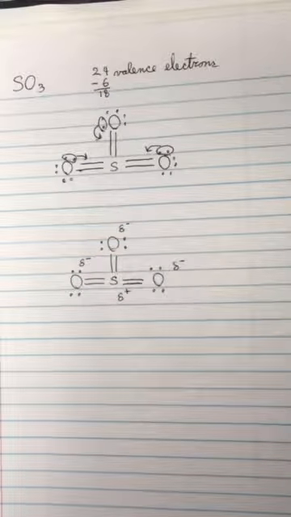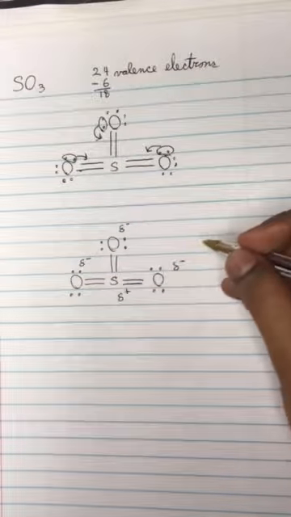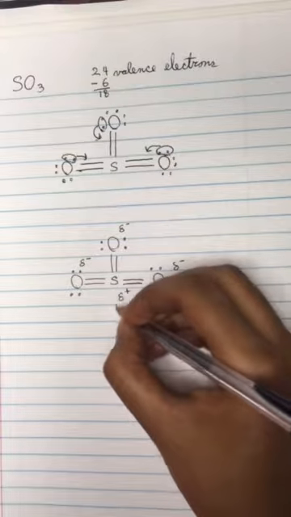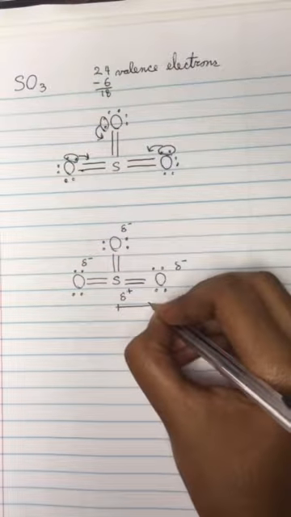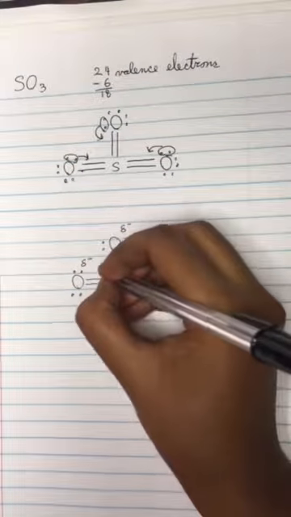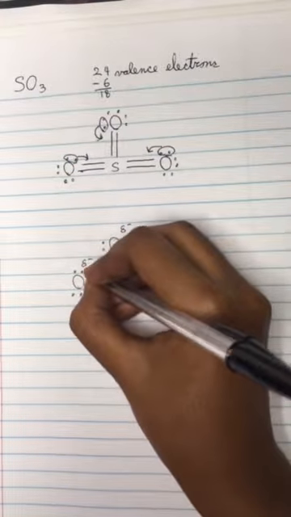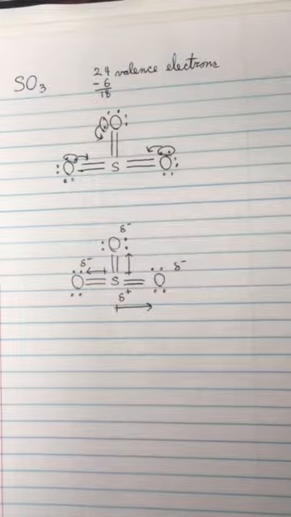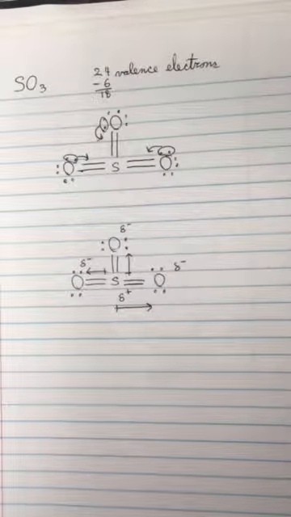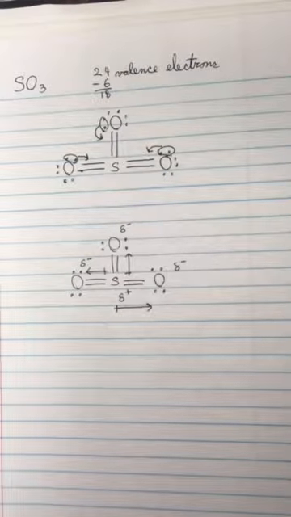This will help us determine the bond dipoles for this molecule. Based on the partial charges, the bond dipole will go towards the negative partially charged oxygen atoms. Now we must find out the net molecular dipole for this molecule.